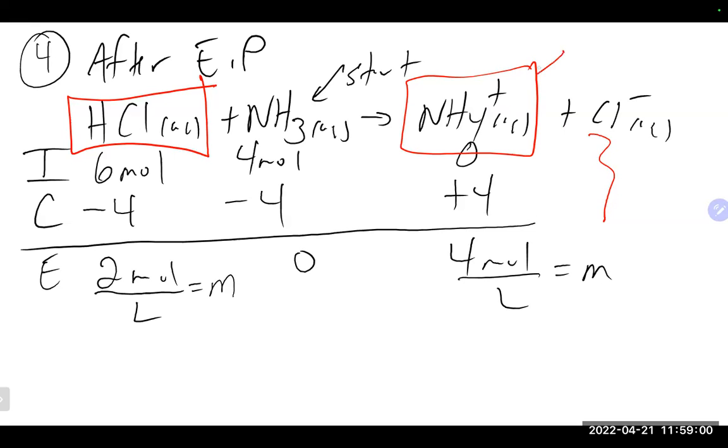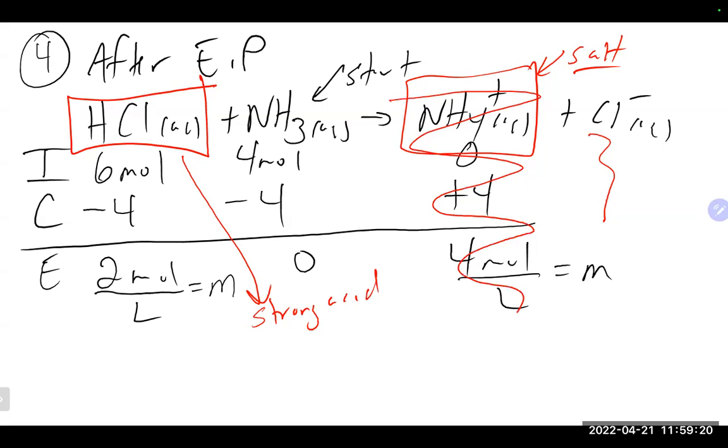We have our salt here, which again, as we determined a second ago, will go through hydrolysis, acting as an acid. We obviously have this guy here, which is HCl, which is a strong acid. So again, at this point, what we will do is usually ignore the contribution of the salt, because in comparison of the salt being an acid to HCl, which is a strong acid, HCl is a much stronger acid.